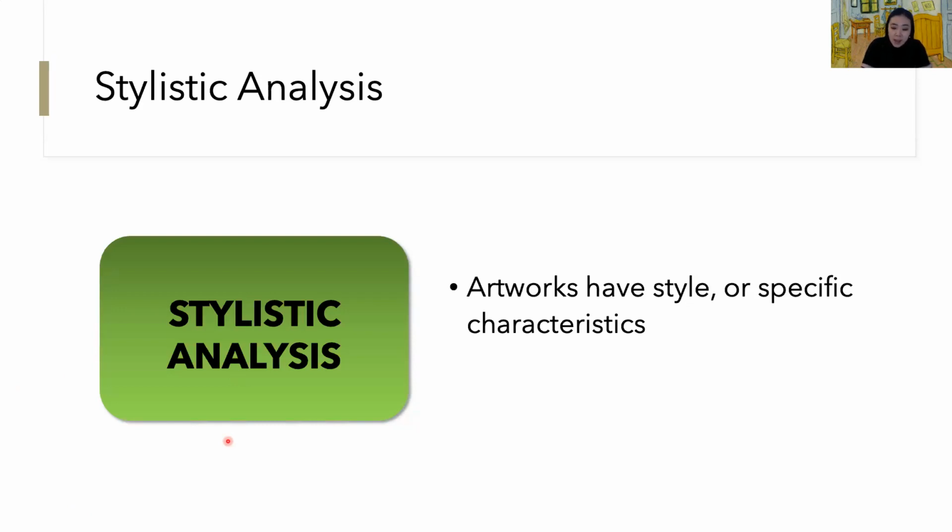Style allows us to recognize that an artwork was made by a particular artist. A group of artists might share a style because they all used similar techniques, worked at the same time, or studied in the same place. So style can be individual or shared by a group, school, time period, or movement. Analyzing style allows us to make connections between artworks.